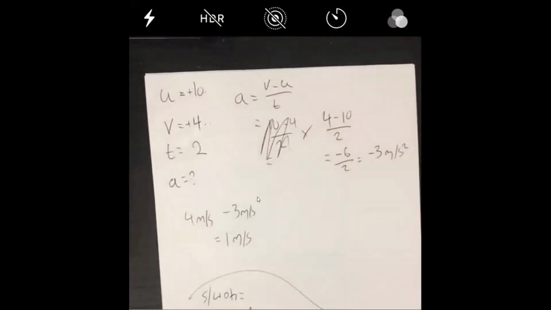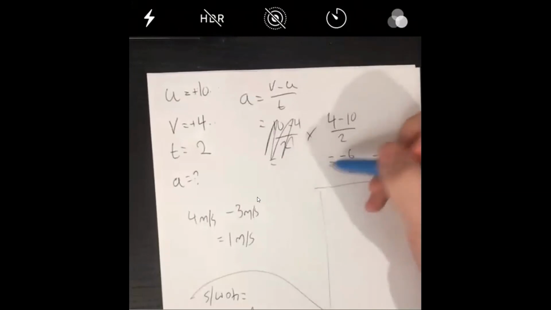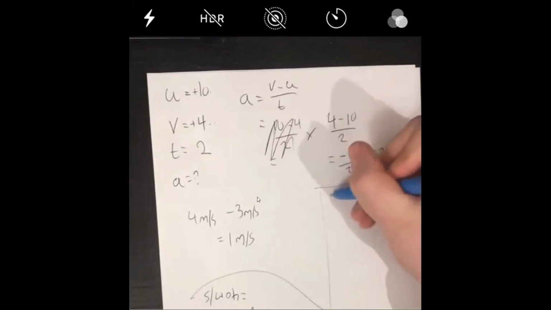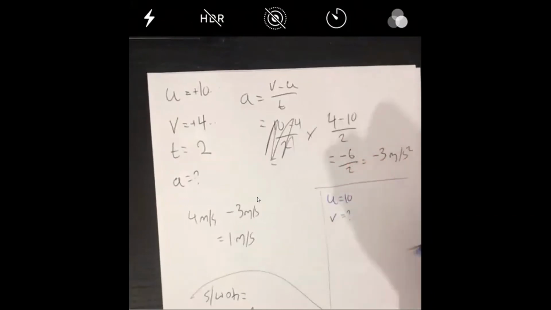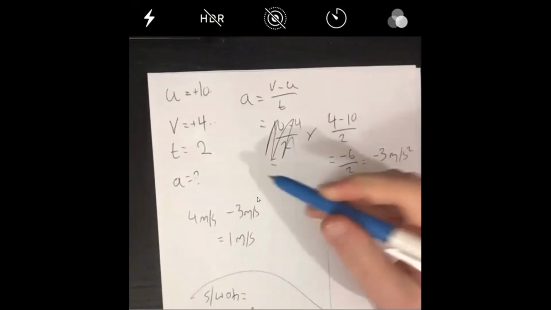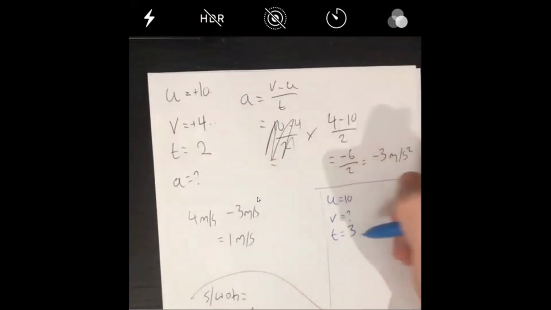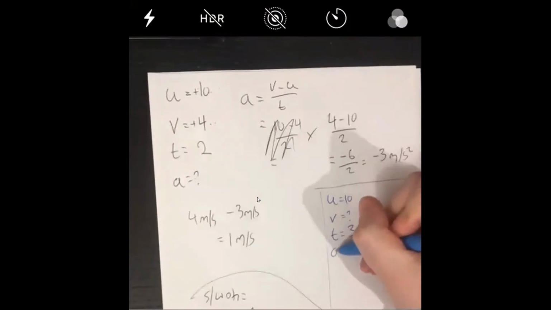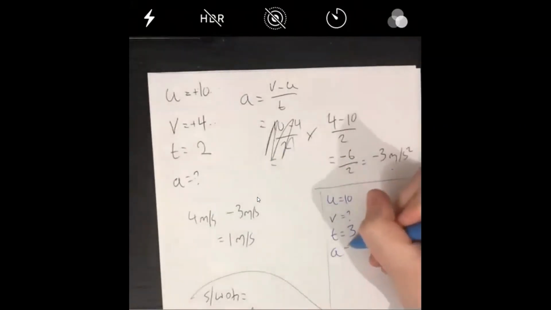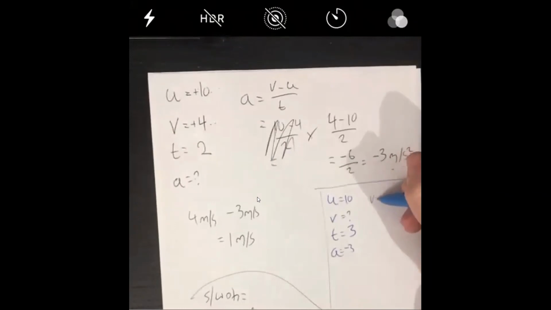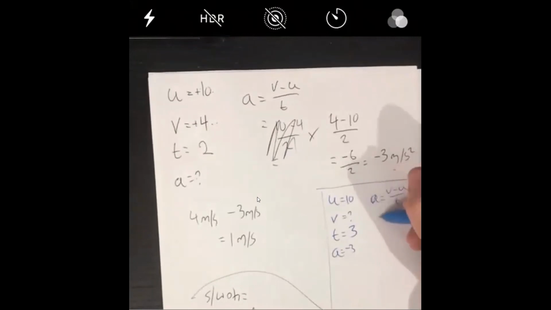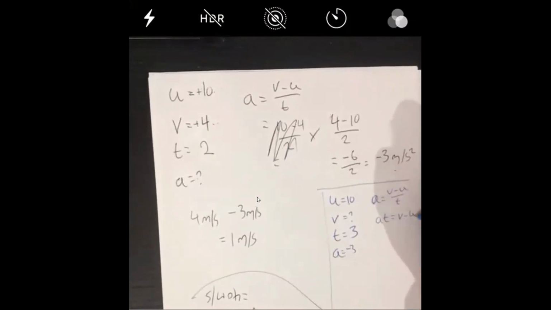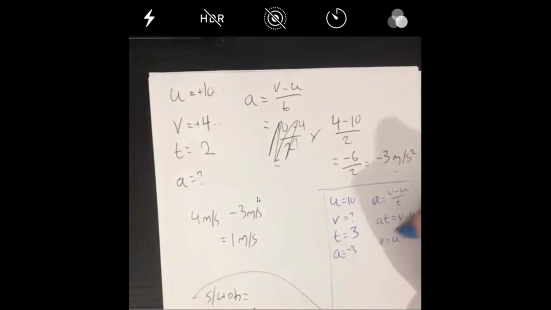What's the hard way, but the slightly better way would be to go like this. So our initial speed is 10. Our final speed we don't know. Our time is not 2 seconds, but we're going to make our time 3 seconds. And our acceleration, we know our acceleration is negative 3. a equals v minus u over t, which means that at equals v minus u. v equals u plus at, by just moving the u over to the side.